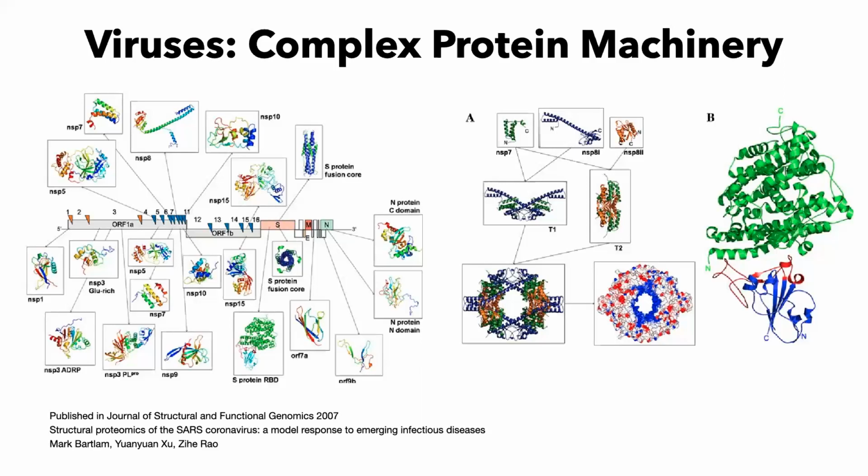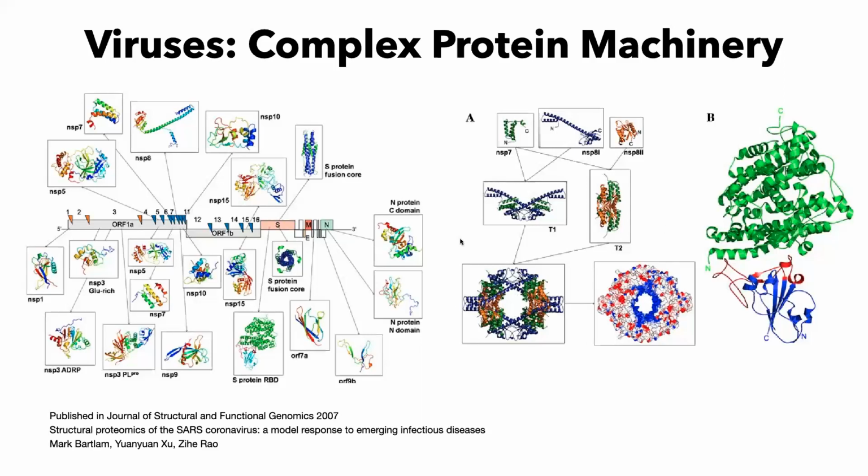So a lot of these proteins have different interactions between them. So for example, here you can see how proteins connect together. So NSP7, 8, 1, and 8, 2, T1 and T2 form a specific structure, right?